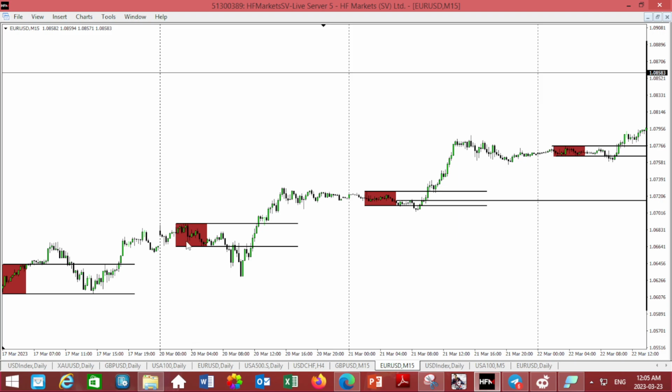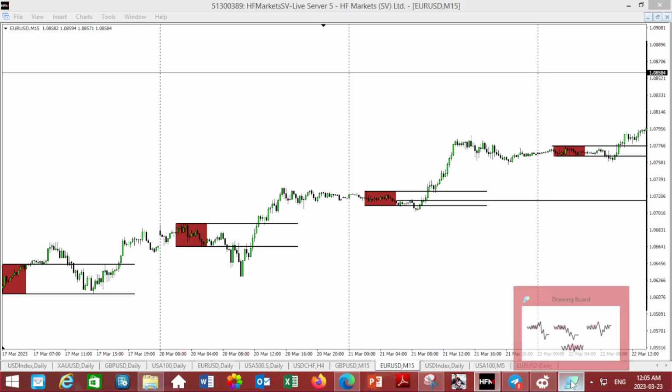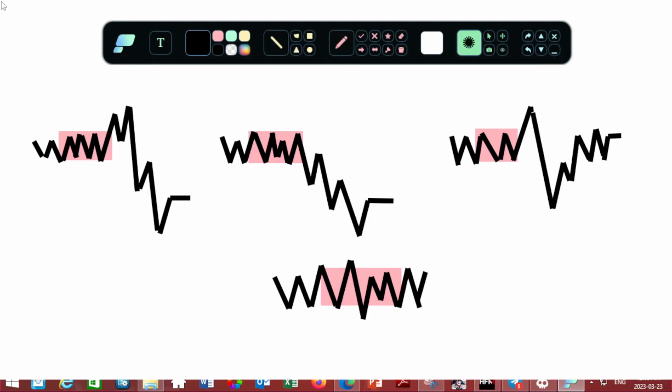This is the one here which I'm looking at. This is my Asian session there. So we're going to look into some of the things to see how we can toggle around the Asian session.